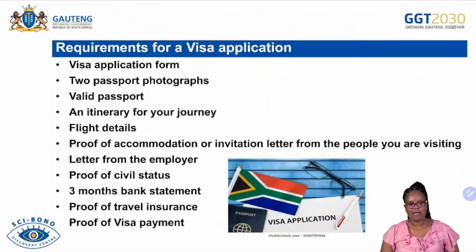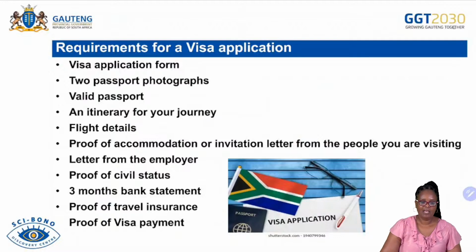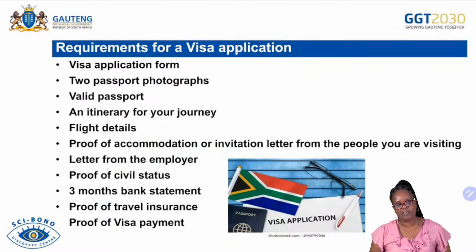That's why you have to go through all these requirements. And remember what I told you earlier on, even if you do have everything that they need, entry may be refused. They have the right. So a visa doesn't guarantee you entry into a country.